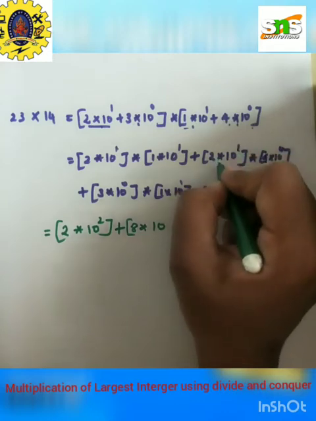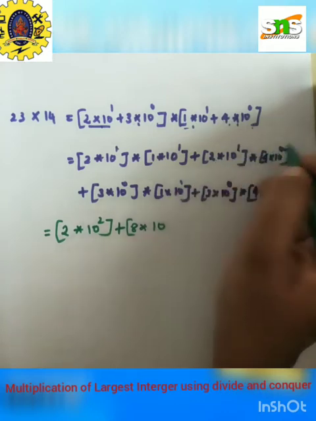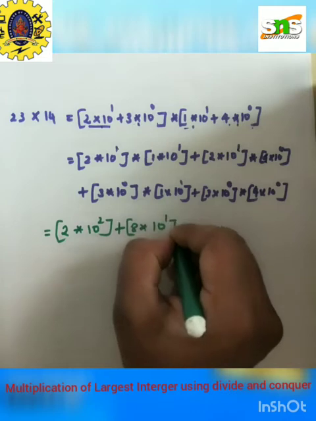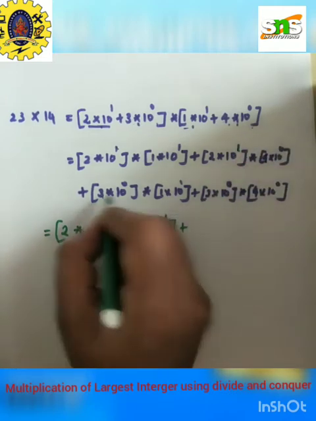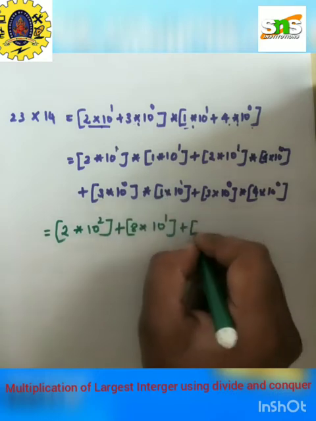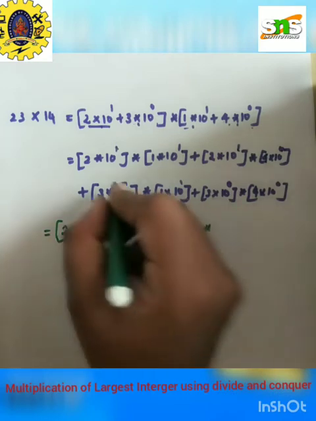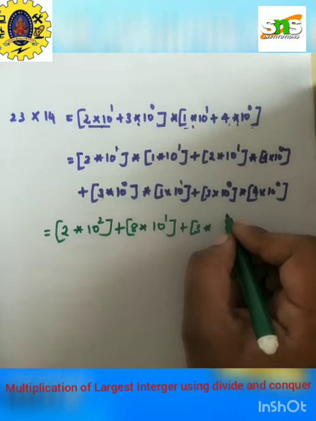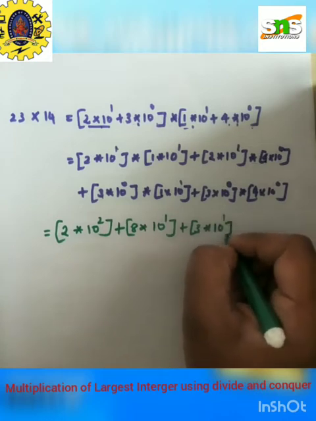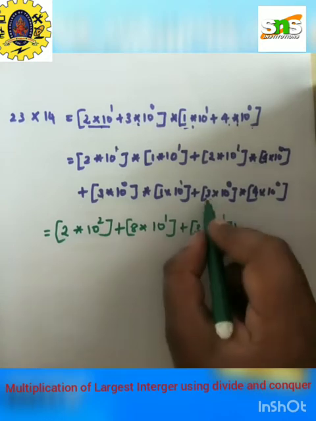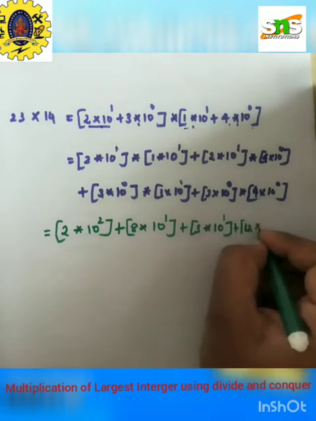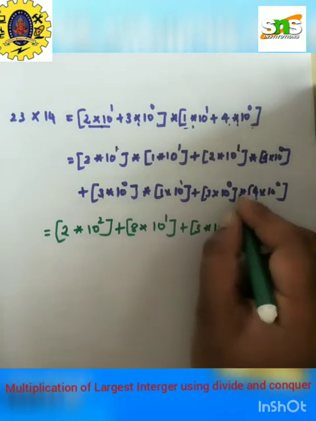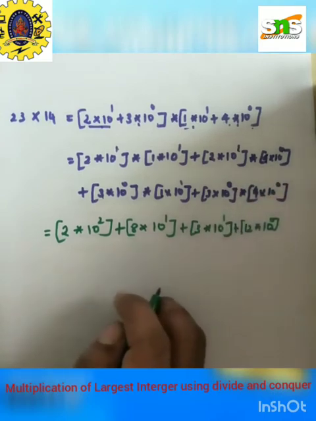If you multiply, the coefficients are multiplied and the powers are added: 10 power 1, 0 plus 1 is 1. Plus the coefficients 3 into 1 is 3 star 10 power 0 plus 1, which is 1. Plus 3 star 4 is 12, the coefficient is 12 star 10 power 0 plus 0, which is 0.